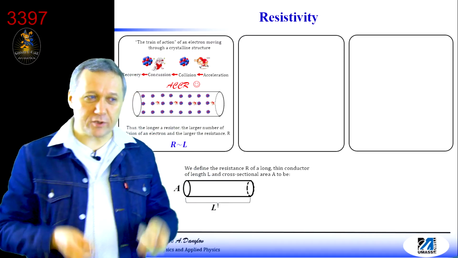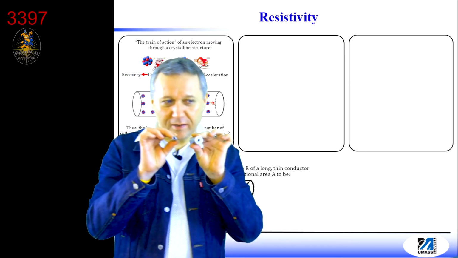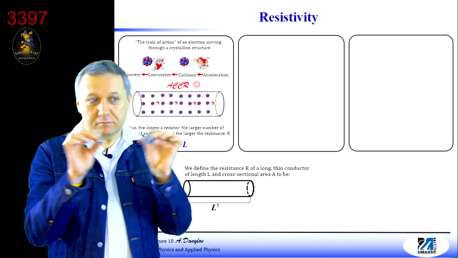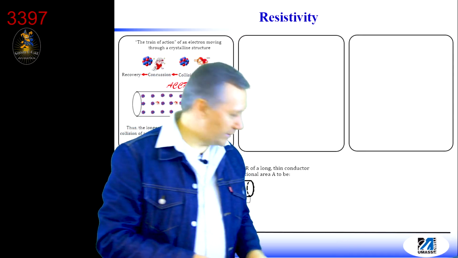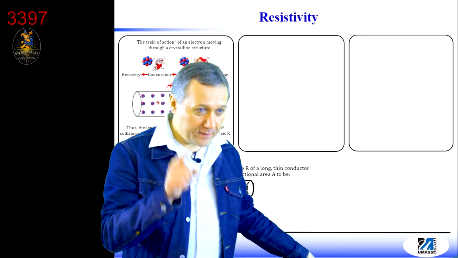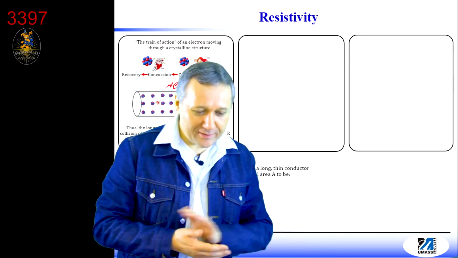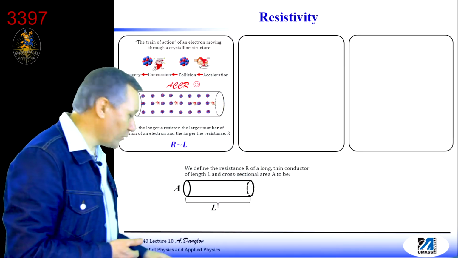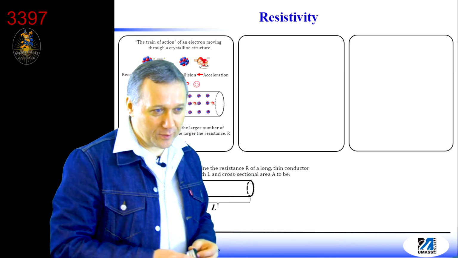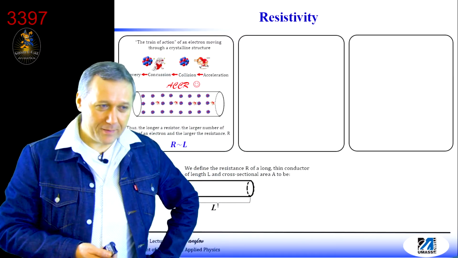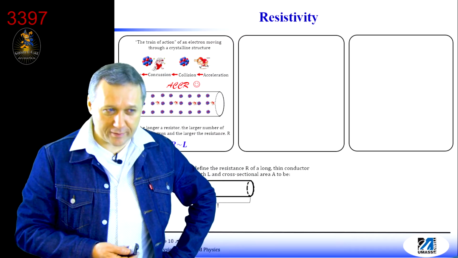So the same question: which conductor or which resistor out of these two is going to have larger resistance or smaller resistance? And here usually students start hesitating, start doubting themselves, and quite often give me the wrong answer. Let's again justify in order to come up with the correct conclusion.